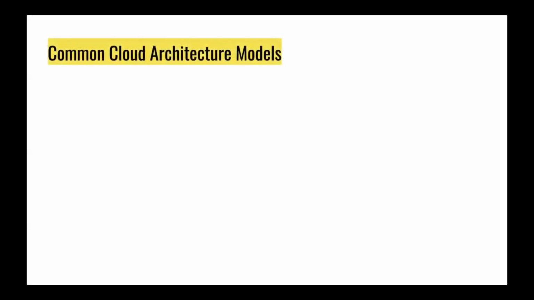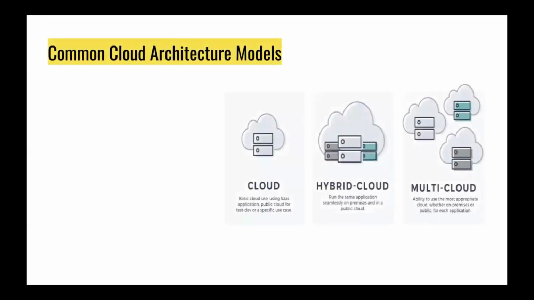There are a few typical cloud architecture models, even though no two clouds are exactly the same. In a public cloud architecture, computing resources are owned and operated by cloud service providers. These resources are shared and redistributed across multiple tenants via the internet.